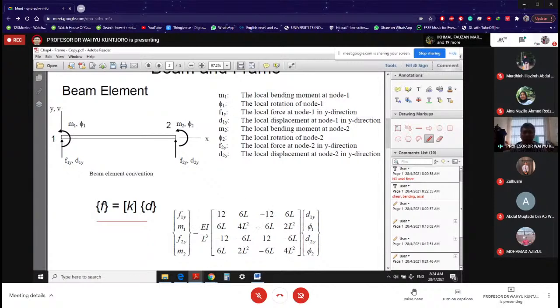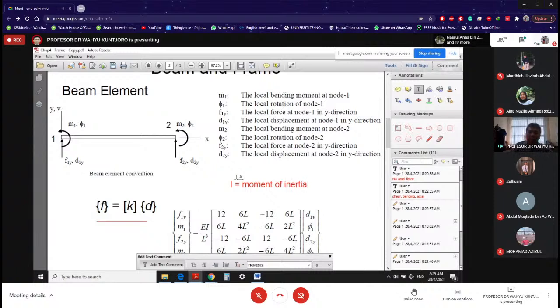And now you will have your E, modulus of elasticity. You have your L, which is the length of the element. And now you have I, which is moment of inertia.